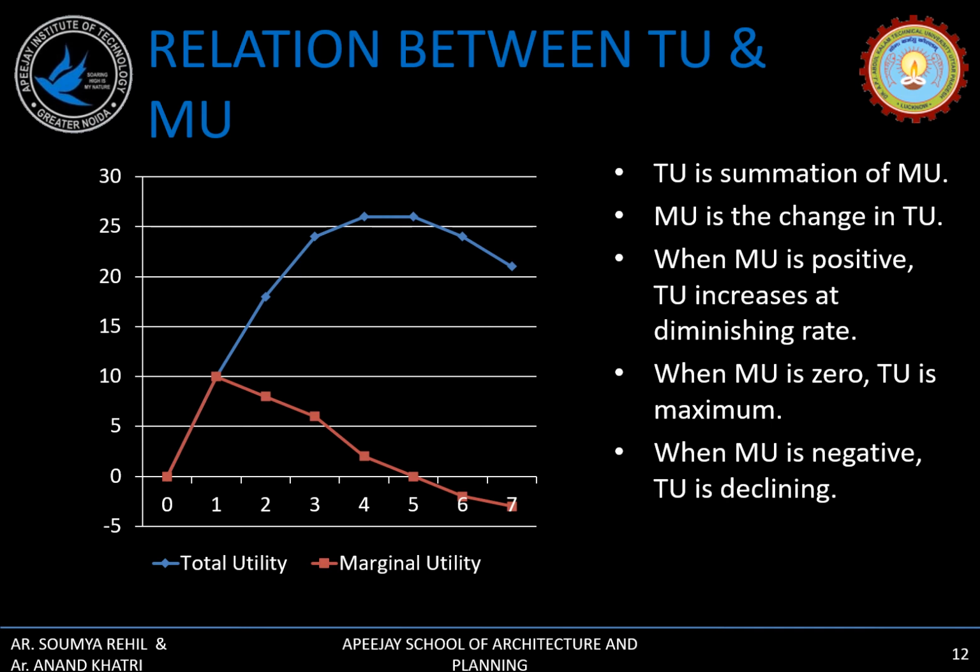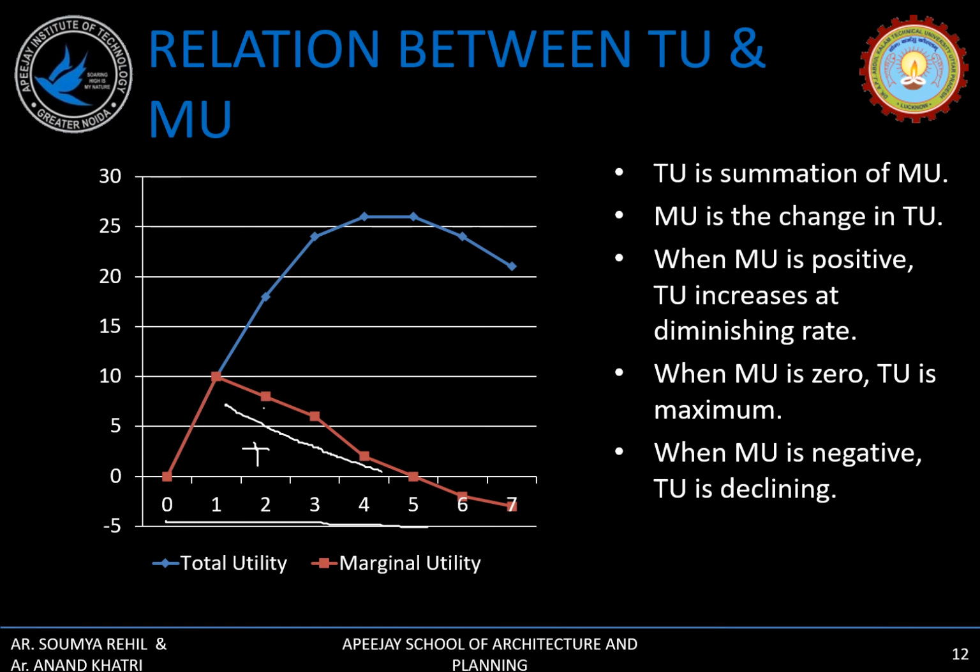Marginal utility is the change in total utility. So, your marginal utility at any point of time is total utility at that point minus the previous total utility. When MU is positive, TU increases at a diminishing rate. So here from 0 to 5, we have your MU as positive.